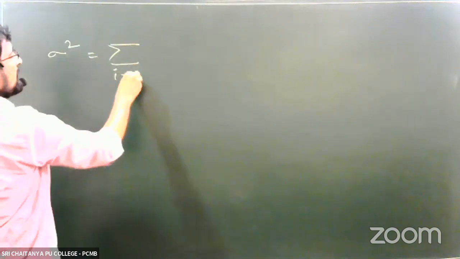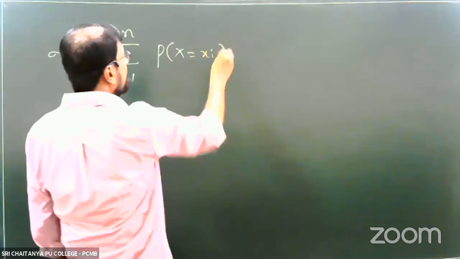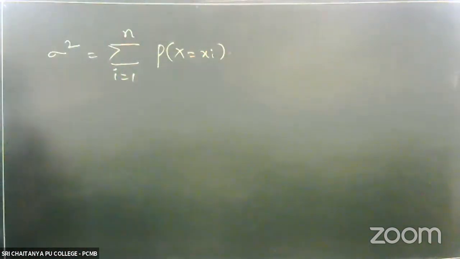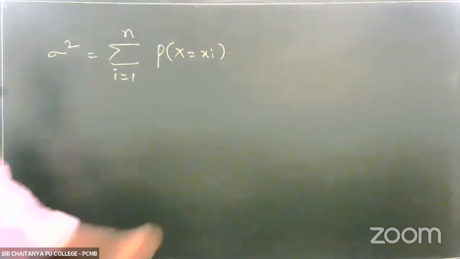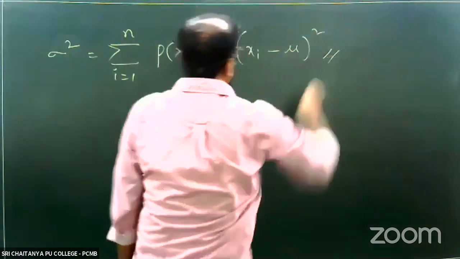The variance of capital X is denoted by sigma square is equal to sigma i equals 1 to n, p of x is equal to xi, minus mu or xi into xi minus mu whole square.